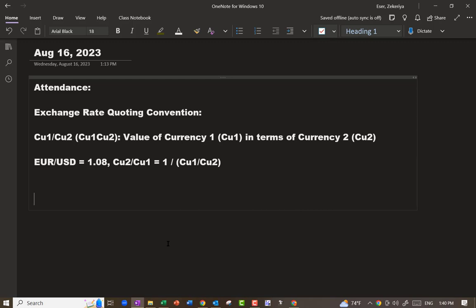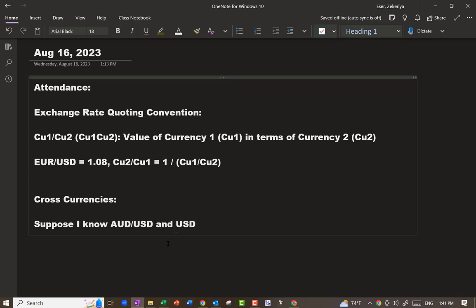Cross currencies. Suppose I know AUD, USD, and USD TRY.